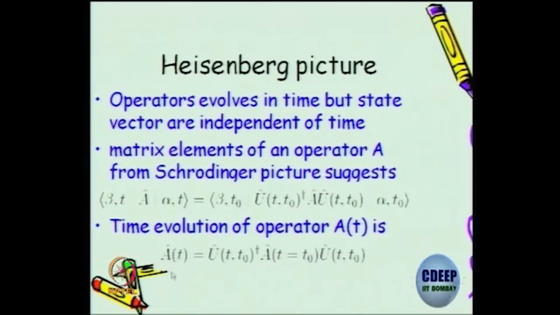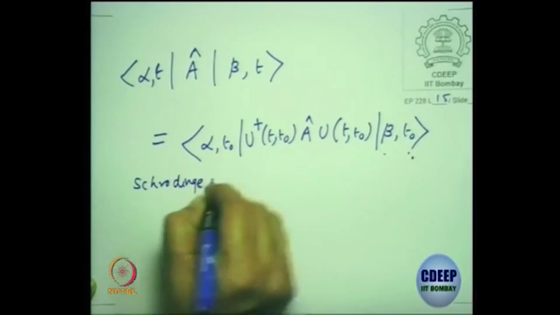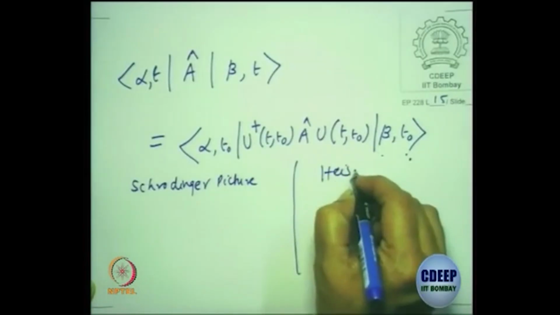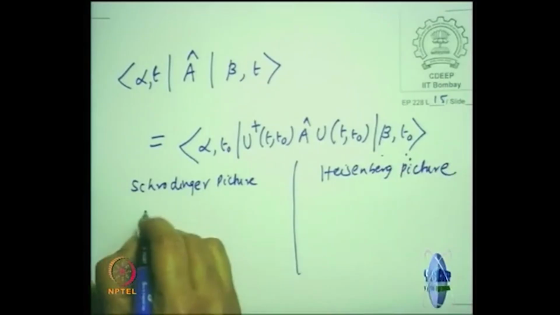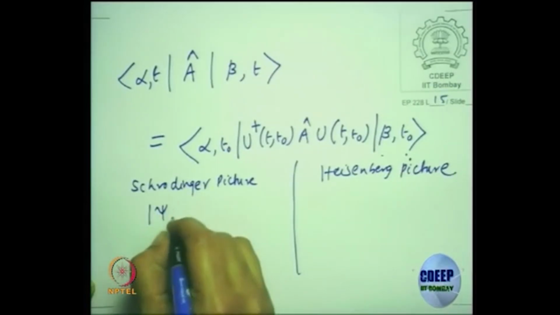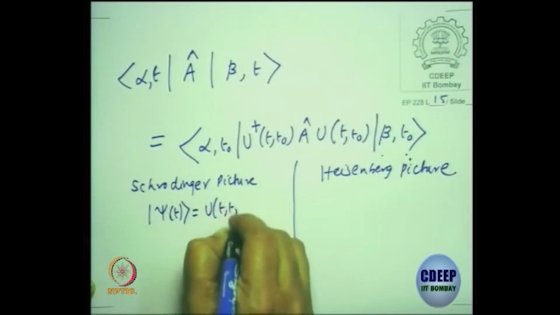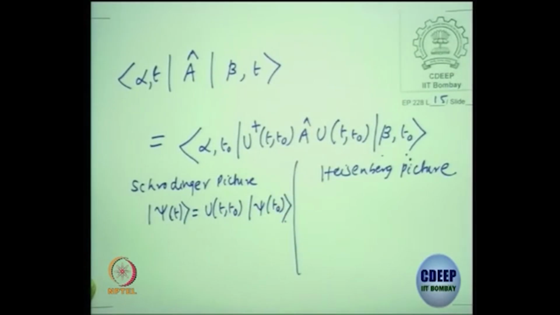To be very precise, I should put a subscript H here. Okay. So let me write it here. So Schrodinger picture, Heisenberg picture, so you will have psi of t, okay, and if you want, you can put an S here just to remember that it is a Schrodinger state.